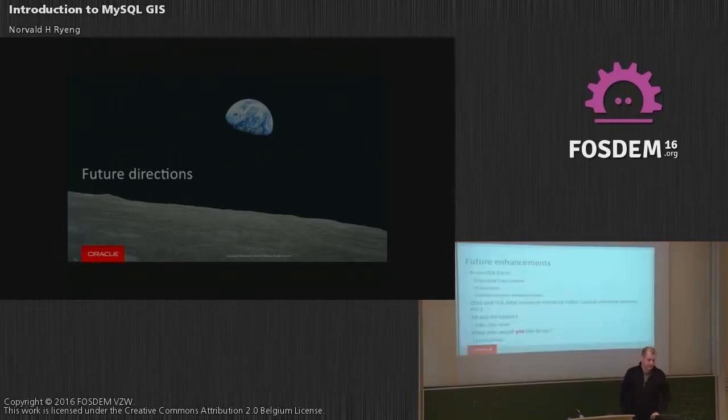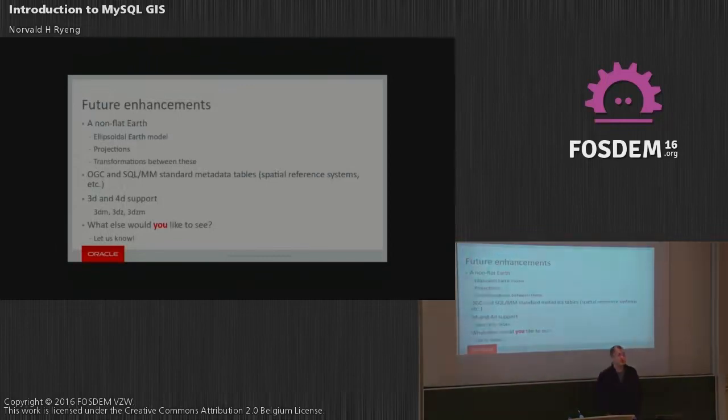Someone told us that Earth isn't flat. I'm inclined to believe that. So an ellipsoid Earth model would be nice. Boost Geometry is already working on extending that. There was a talk at one of these big C++ conferences last year about how they were doing that in Boost.